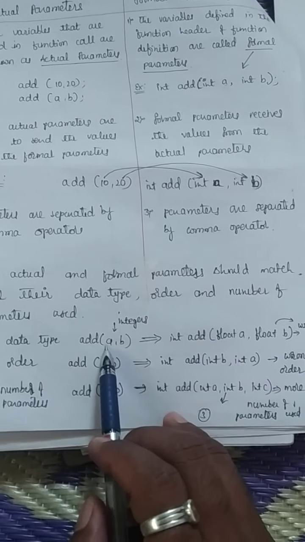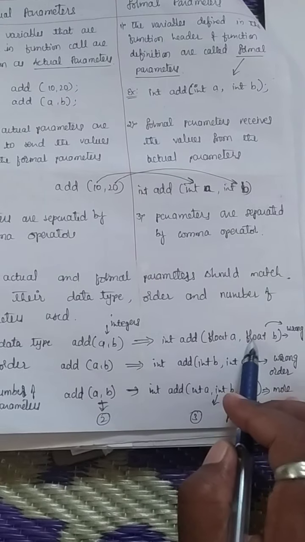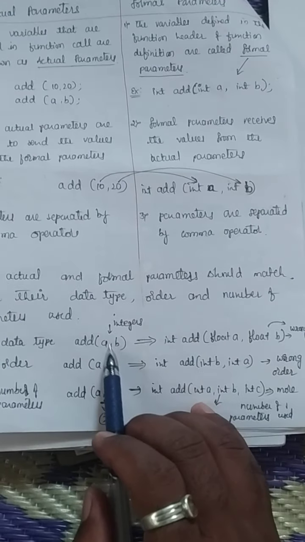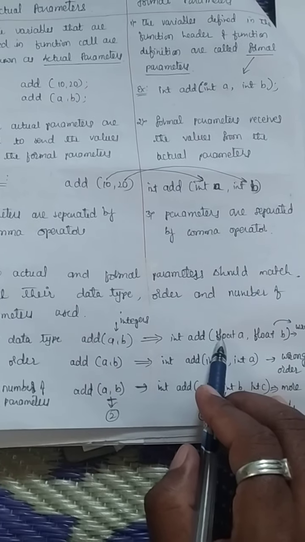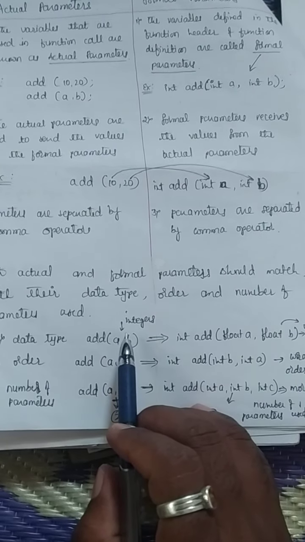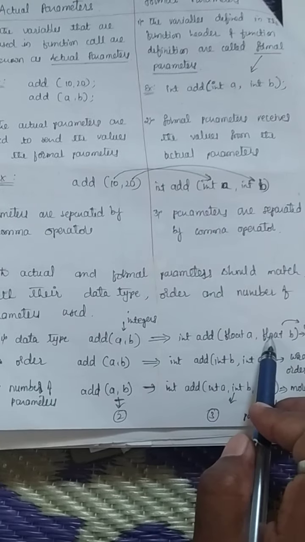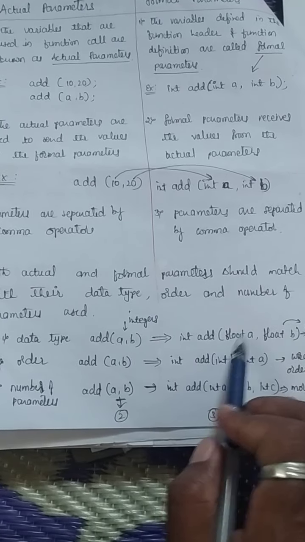Here consider this a and b are integers, but here I am having floating point. So this is called a mismatch of data type. Integers cannot be sent to floating point values. So it should match with their data type, in the sense, if here int I am using, here also it should be int. If I am here taking floating point values, then only can I take float values here.